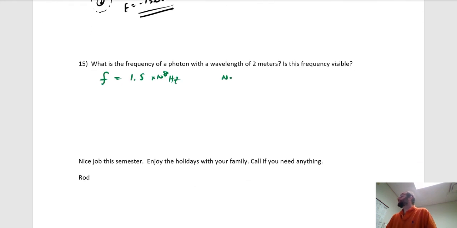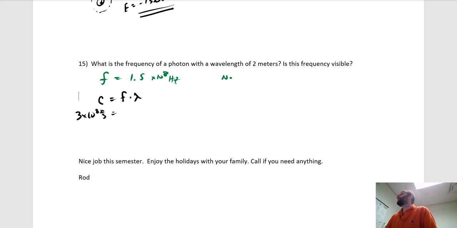Okay, frequency of a photon with a 2-meter wavelength. One of the things I want you to be able to do is go back and forth between frequency and wavelength for any radiation. So the speed of light is equal to frequency times wavelength. That's how you go back and forth between frequency and wavelength. Again, this funny little symbol is how we symbolize wavelength. The speed of light is 3 times 10 to the 8th meters per second.